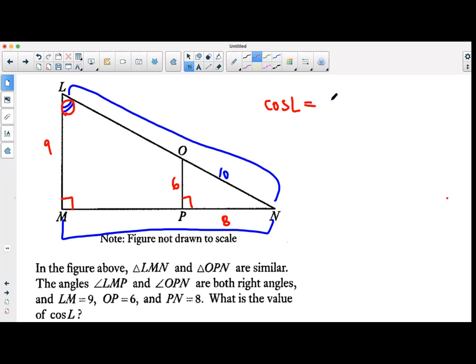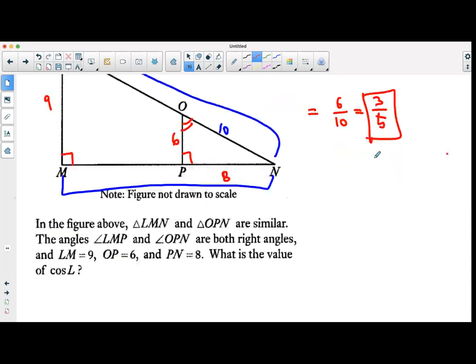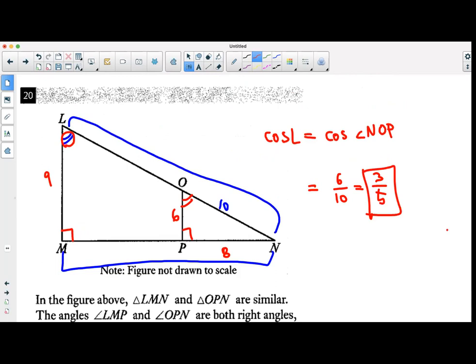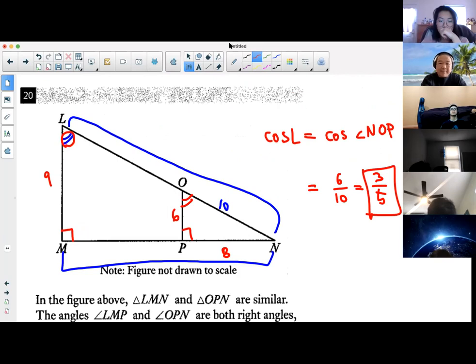That's in fact equal to cosine of angle NOP, because they're the same angles. In similar triangles, angles are the same. Now from here, what's the cosine? Cosine is adjacent over hypotenuse, so we get 6 over 10, or you can say 3 over 5. How about that, guys? That's another way you can do it in terms of sine and cosine. Are you guys good so far? Yeah? All right. It wasn't that bad.